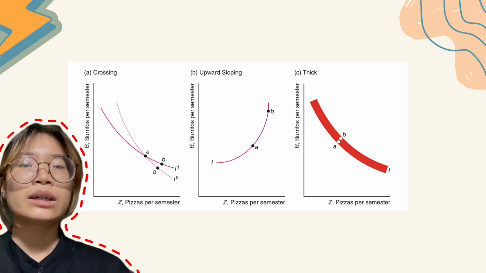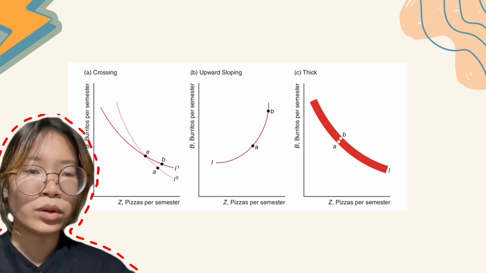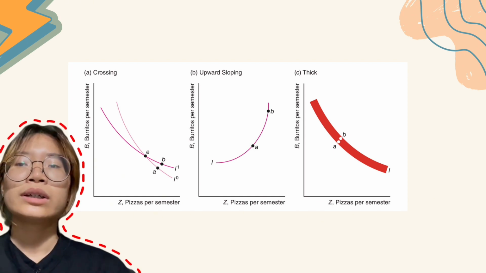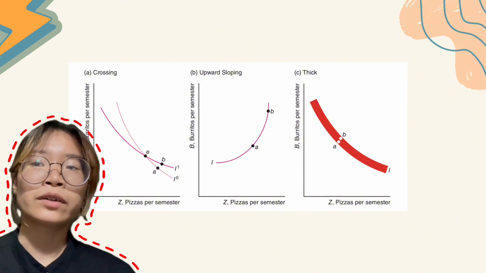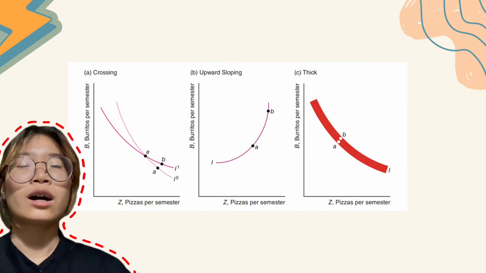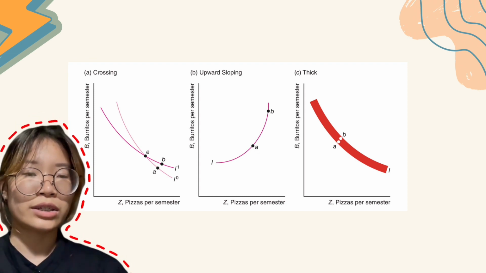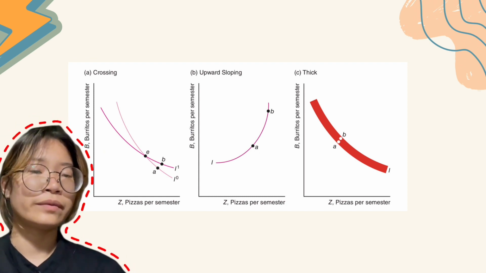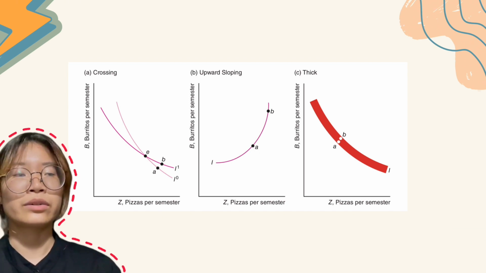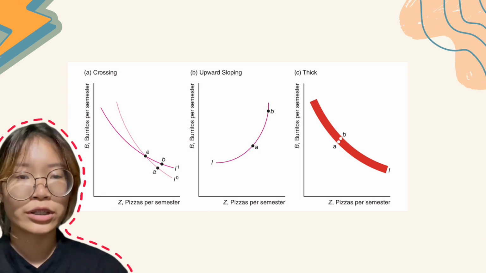But B has more of both than A, so they must prefer B to A. Because of the contradiction, indifference curves cannot cross. And the second picture, upward slope.